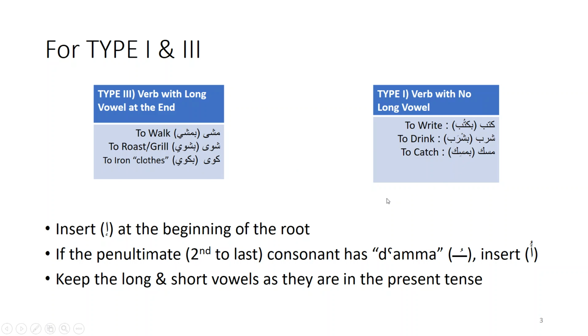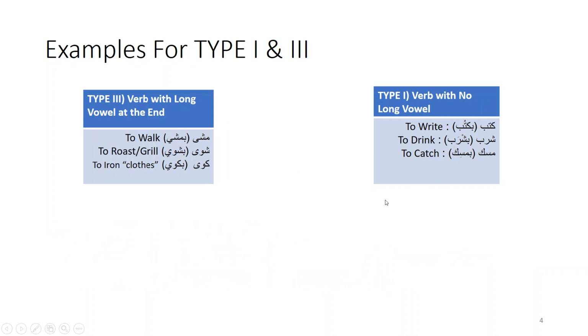So let's look at some examples. For example, كتب, اكتب, مشى, امشي. So basically, as you see here, we have inserted the alif with dhamma, because it has dhamma on the root, اكتب.